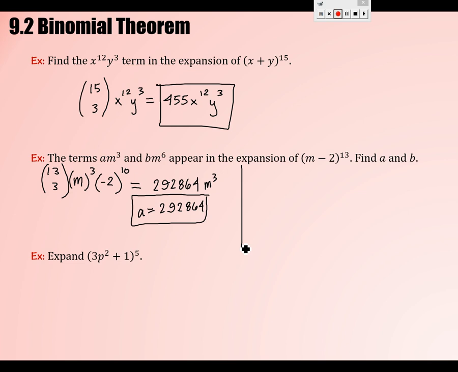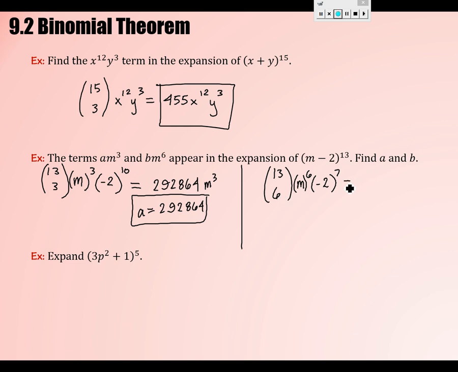All right, and then over here we've got something times m to the sixth times -2 to the 7. Okay, so what's the coefficient up front? Well, I mean the binomial coefficient is what? 13 choose 6 or 7, right?